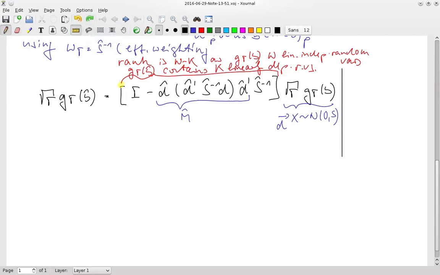Okay, then note what I'm going to do here is I'm going to make use of the fact that the symmetric matrix S hat, that's my estimate of the S matrix, can be written using a matrix C hat, which is multiplied with C hat prime.